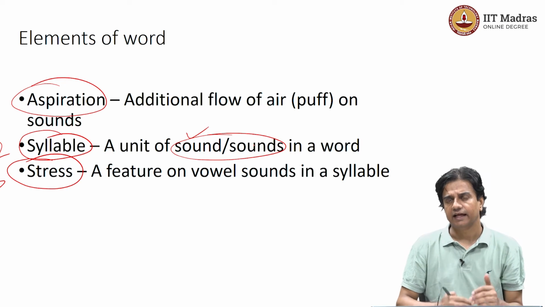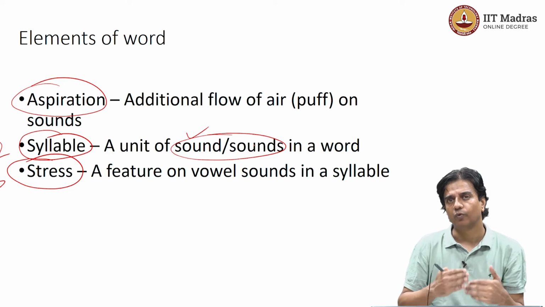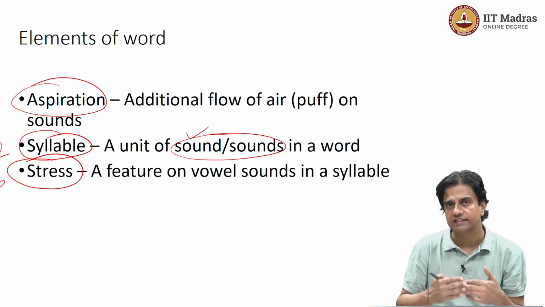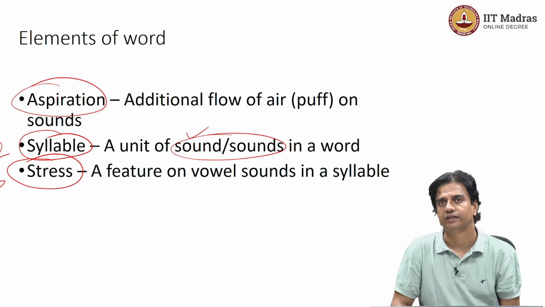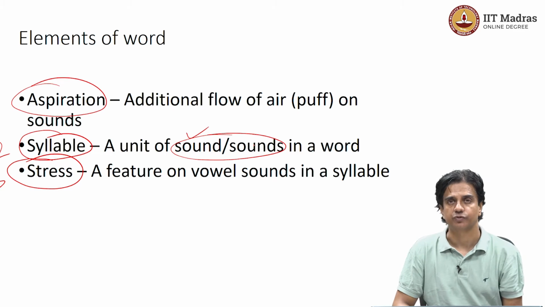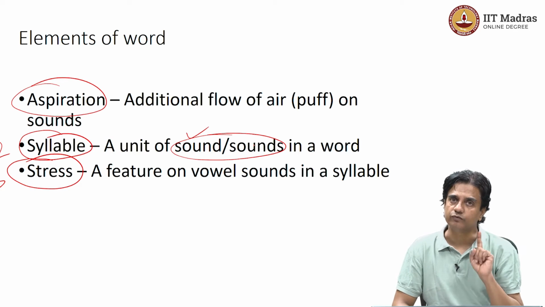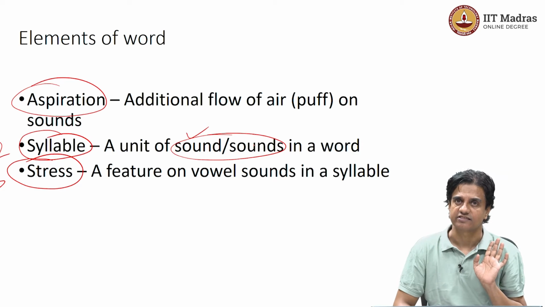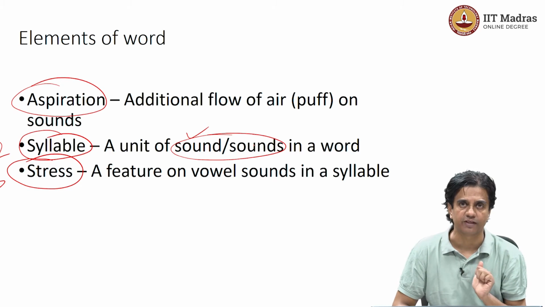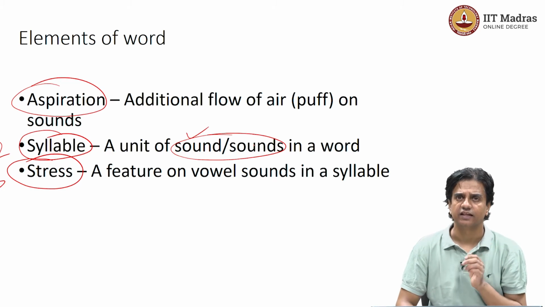That is, anytime you have more than one syllable in a word, one of the syllables is going to be stressed and only one syllable will be stressed. This is a rule of thumb in English words.